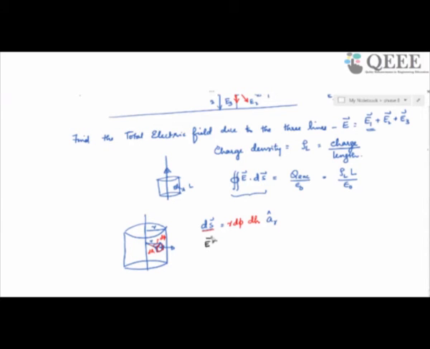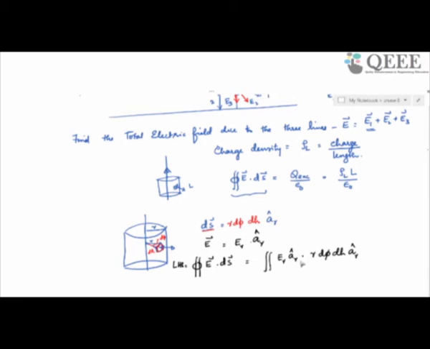What about E? E has an r dependence and its direction is the outward normal. So, it is a_r. So, the total surface integral E dot dS is nothing but the surface integral E_r a_r dot r d phi dh a_r.